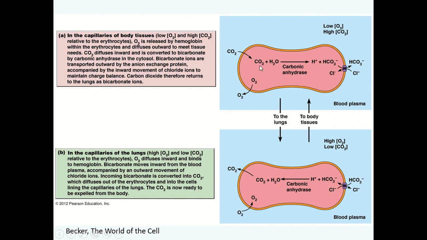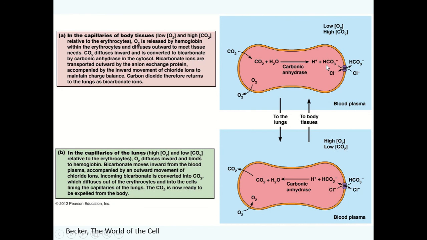Carbon dioxide can react with water and therefore it produces carbonic acid. Carbonic acid decomposes into bicarbonate ions and hydrogen ions. Much of the transport of carbon dioxide is done by means of converting that carbon dioxide into bicarbonate ions.